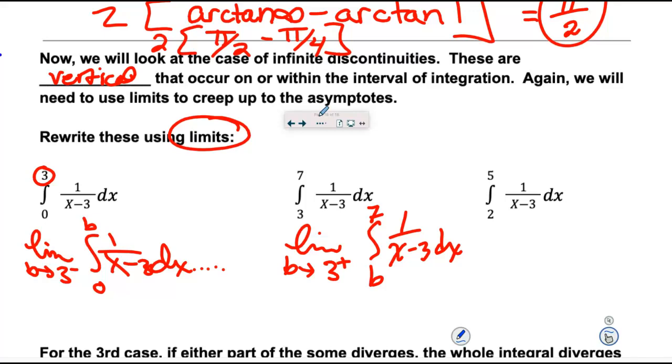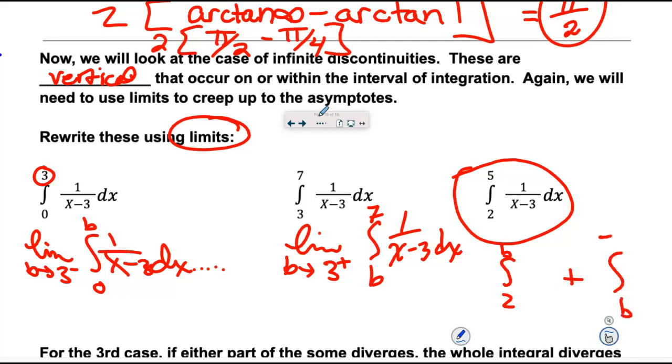What does your gut tell you you're going to have to do when it occurs on the way? Split it. Yeah, you're going to have to split it into 2, where you go from 2 up to b, and then from b up to 5, correct? And your limit on the first one would be approaching 3 from the left, and the other one 3 from the right.